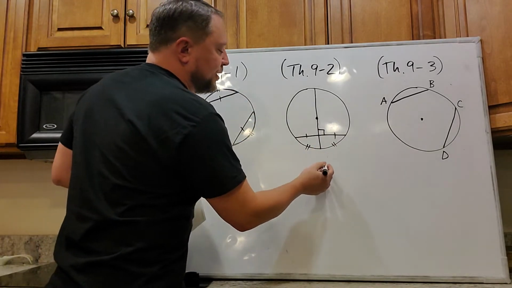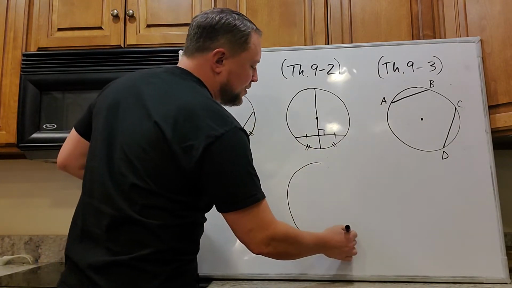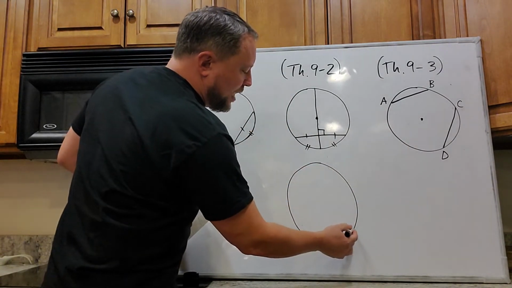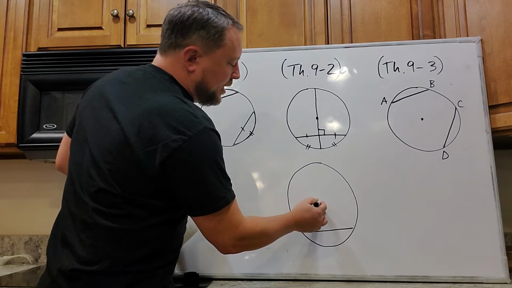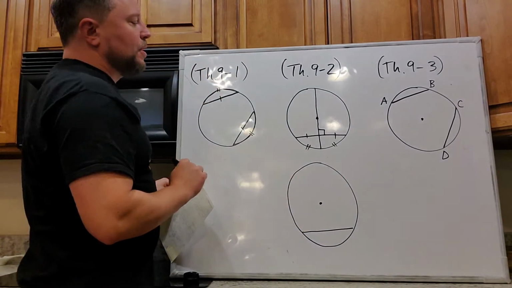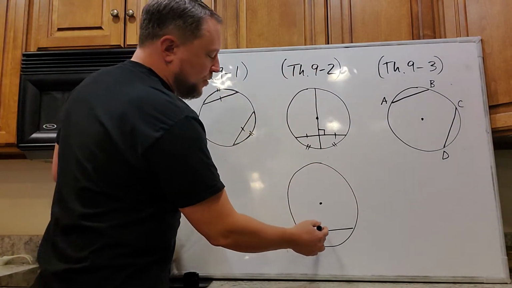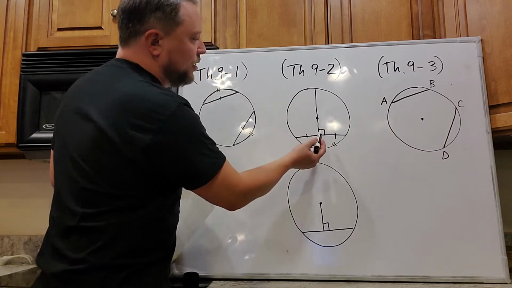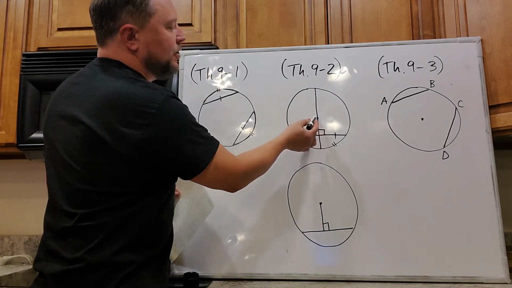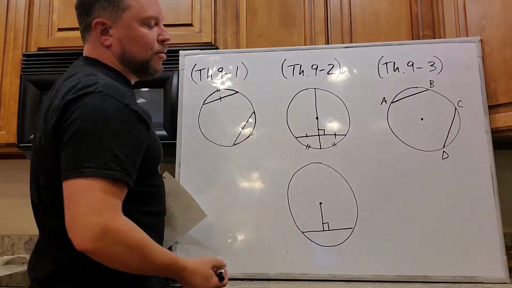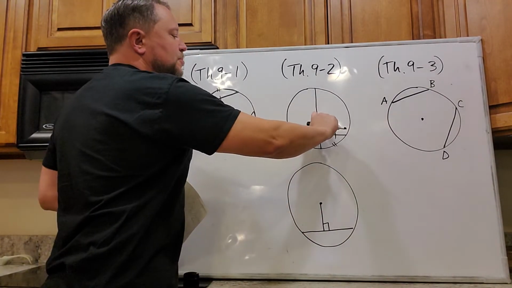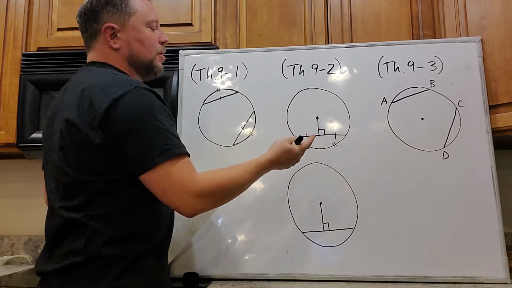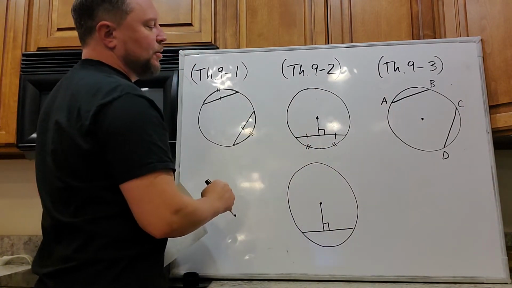Most of the problems that utilize Theorem 9-2 would have a chord and the center of the circle, but instead of drawing a full diameter, we might just draw a segment that is perpendicular, like they did here, going to the center of the circle. So we're only using this part of the diameter. It's like we're ignoring that part, we're ignoring that part, see? We're just going to use that little part there.